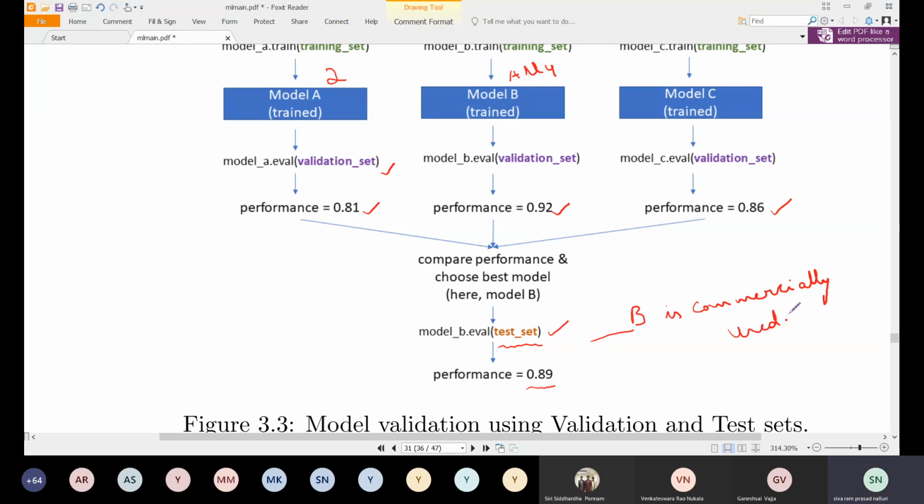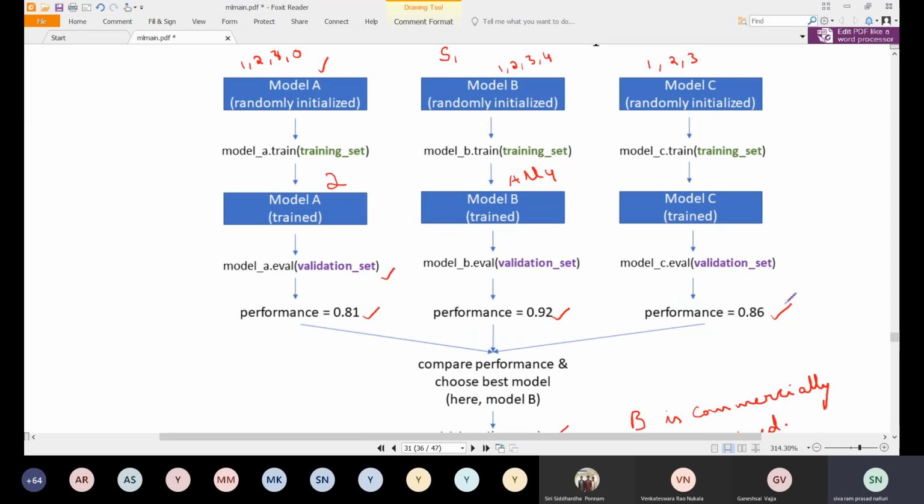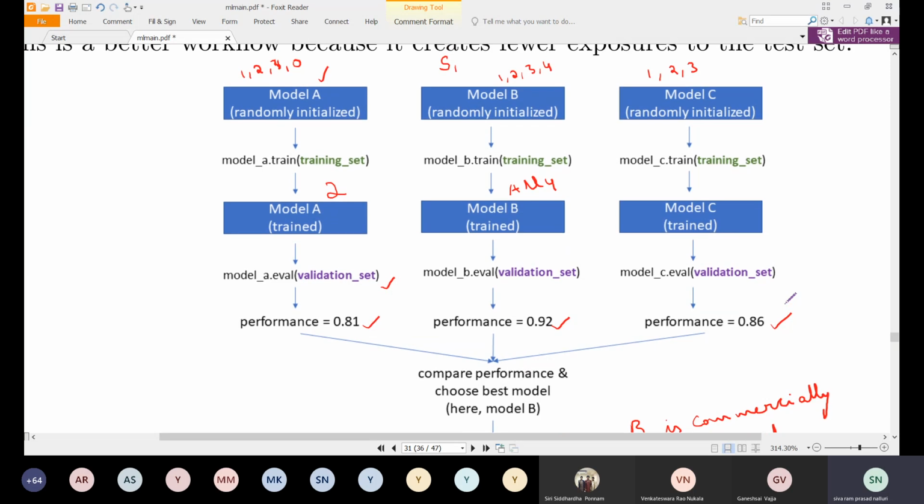It is used commercially like that. So I hope you understood the evaluation that takes place during training, during validation, during testing.